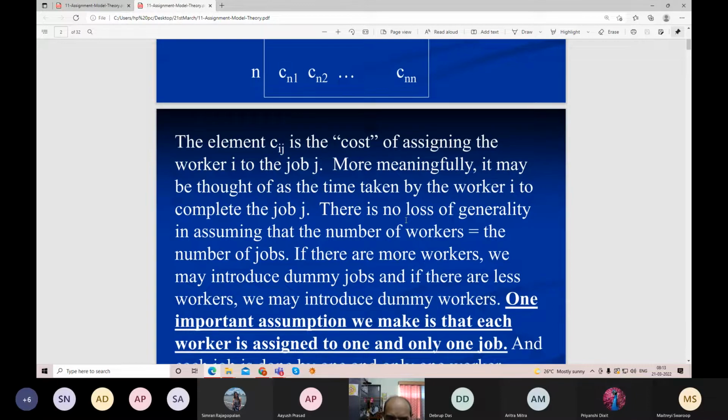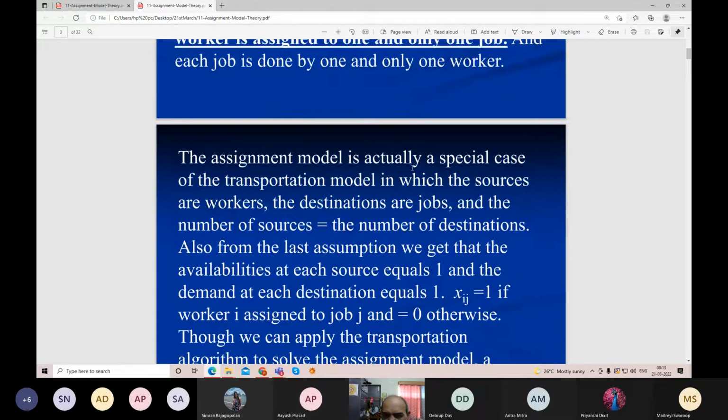The assignment model is actually a special case of the transportation problem, in which the sources are the workers and the destinations are the jobs. The number of sources and the number of destinations are equal.